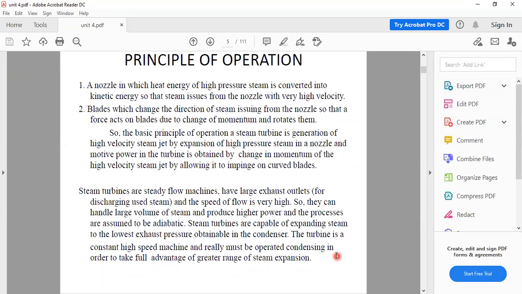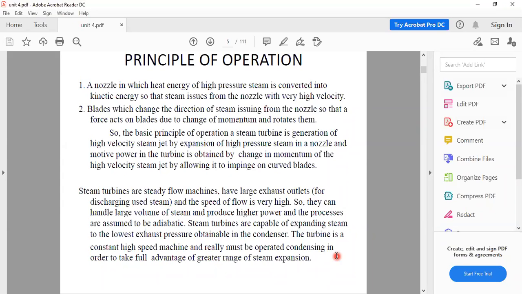So steam turbines are steady flow machines, have a large exhaust outlet for discharging used steam, and the speed of flow is very high, so they can handle large volumes of steam and produce higher power, and the process is assumed to be adiabatic.